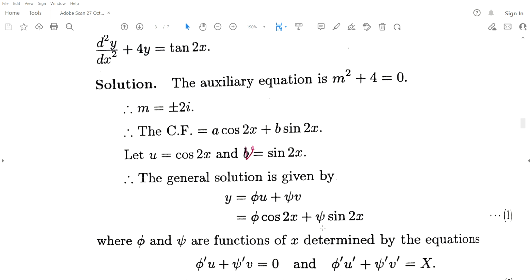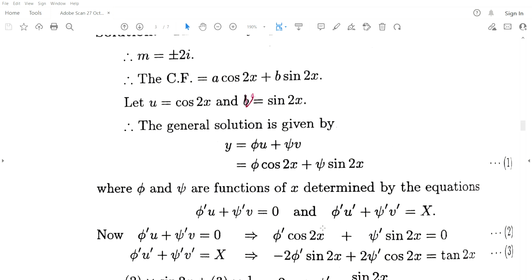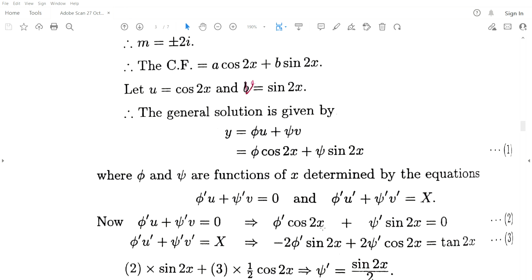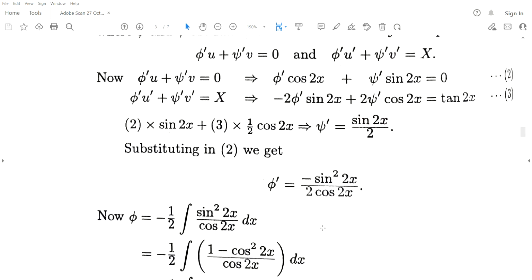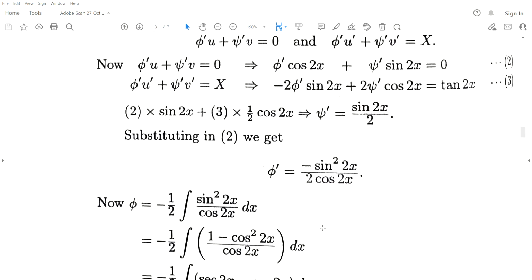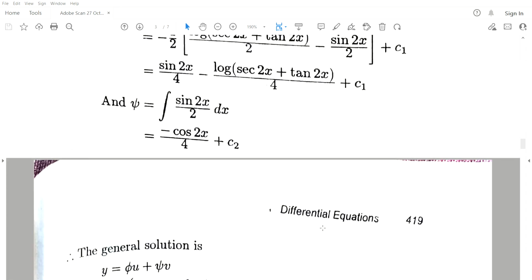Therefore the general solution will be y is equal to phi u plus psi v, and the two equations are phi dash u plus psi dash v is equal to 0, and phi dash u dash plus psi dash v dash is equal to the right hand side of the given equation, tan 2x. Therefore from these 2 and 3 equations we get phi dash and psi dash, and we integrate those to get phi and psi, and we can write the solution as this.